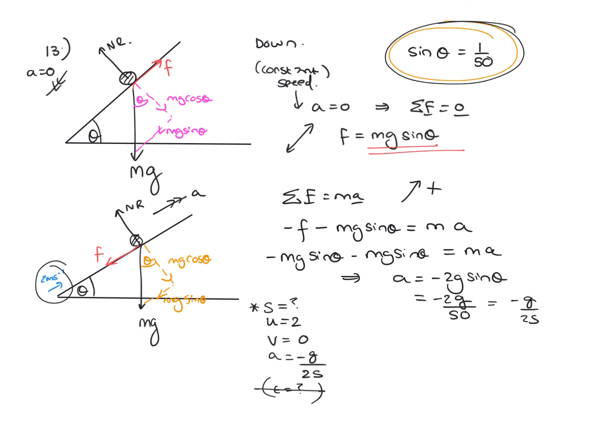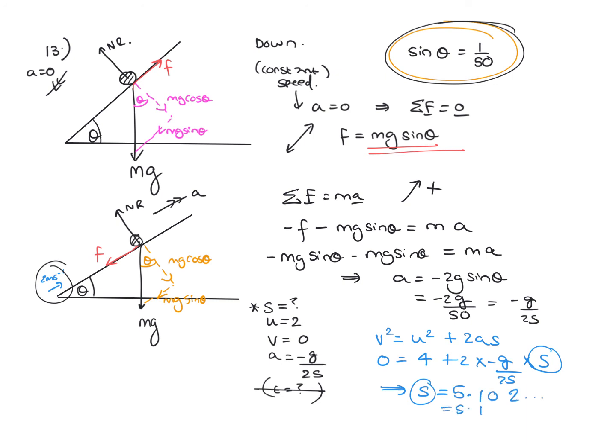So we can then use from here v squared equals u squared plus 2as. 0 equals 4 plus 2 times minus g over 25 multiplied by s. And make sure you don't get your s confused with a 5. That's an s. And rearrange your SUVAT equation. s equals 5.102, so 5.10 metres to 3 SF.